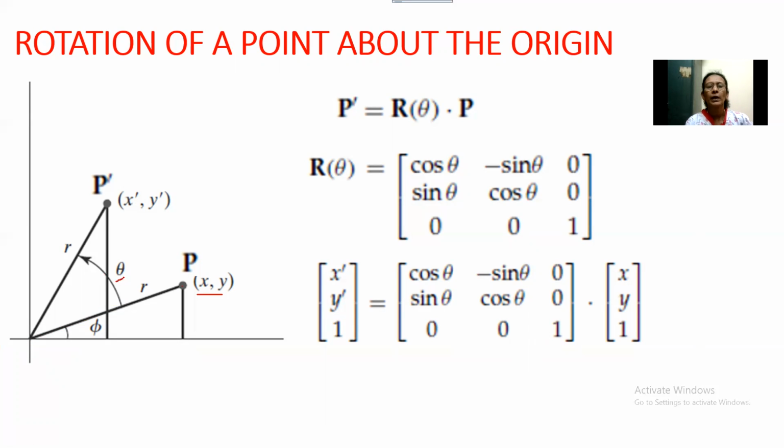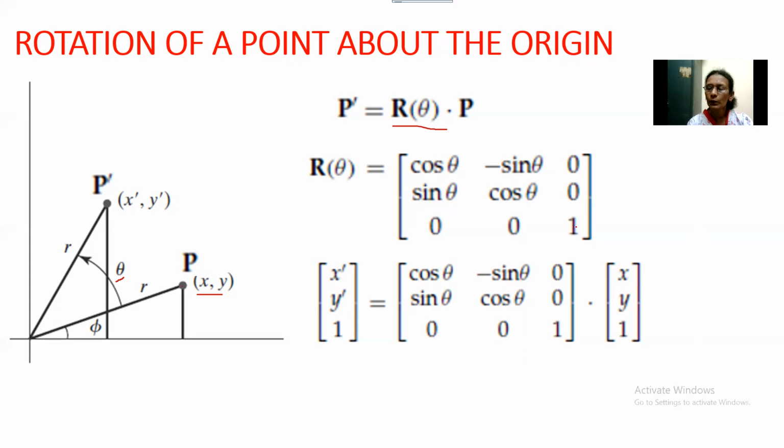Then my rotated point P dash would be given by the rotation matrix R theta multiplied by the point P, where the rotation matrix R theta is given by cos theta, minus sin theta, 0; sin theta, cos theta, 0; 0, 0, 1. As you may recollect, this is a 2D problem.